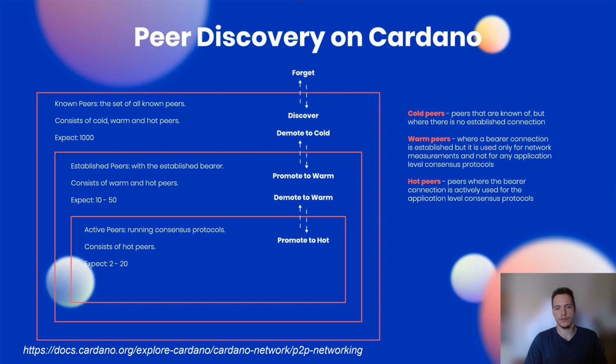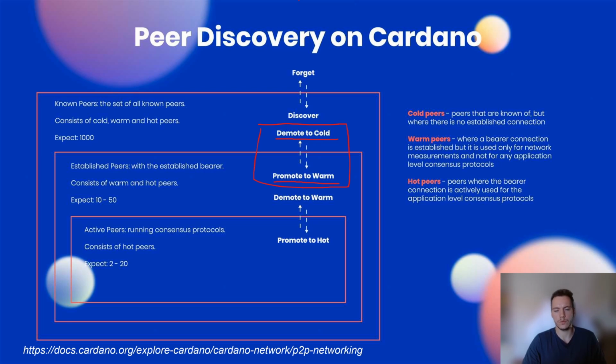Now we'll take a look at this section of transitions between the known peers group and the established peers group. So promotion of cold peers to warm peers and demotion of warm peers to cold peers. This is done to constantly refresh the established peers group with different peers.